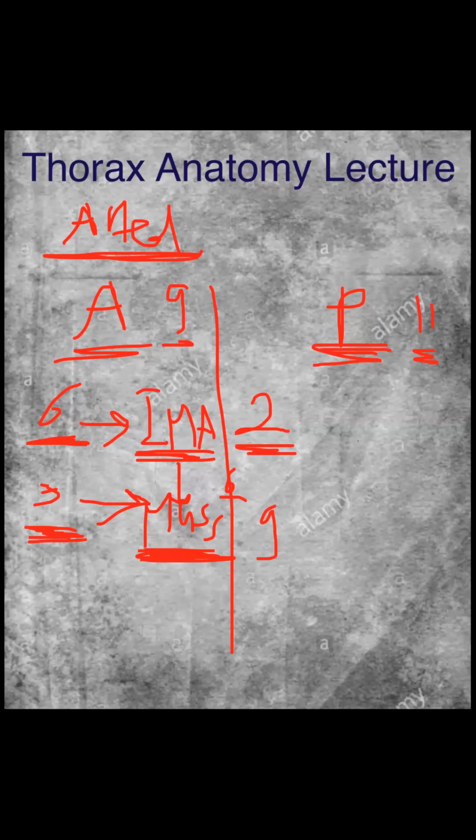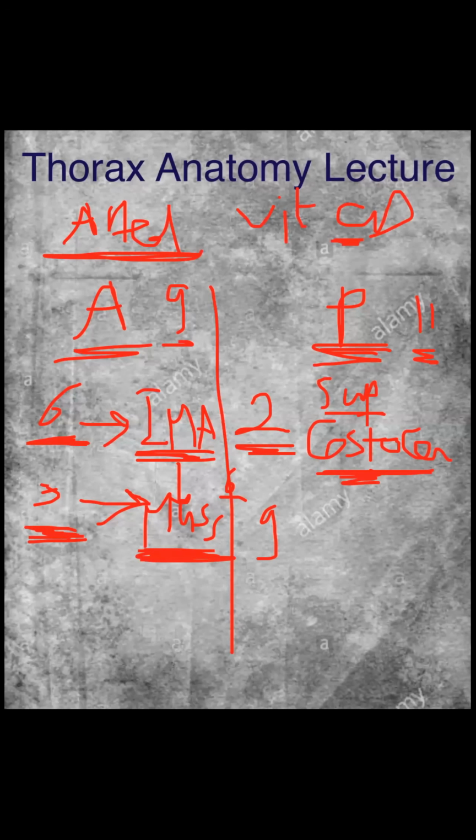The 2 are arising from superior intercostal, which is arising from costocervical trunk. Do you remember this name? I say branches of the subclavian. Here is the costocervical trunk. Superior intercostal from costocervical trunk from 2nd part subclavian artery.